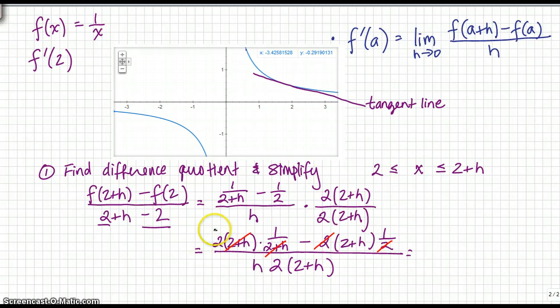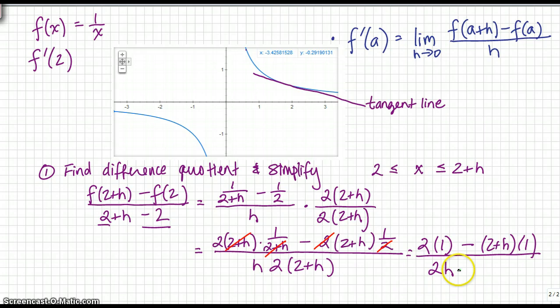Well, I've got a 2 times, those two things became 1, right? And there's a 1 on the top here, so I've just got 2 times 1 minus those 2's canceled out, so I've got 2 plus h times 1. The denominator, or the bottom of the fraction, is still h times 2 plus h.